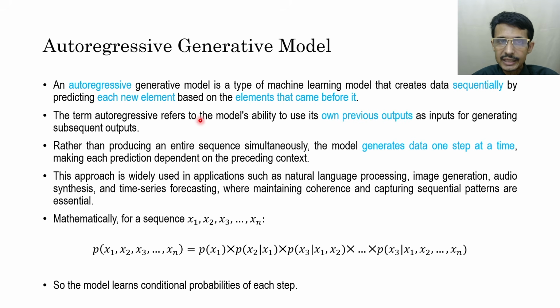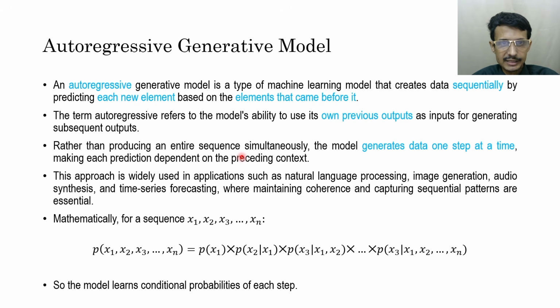The term autoregressive refers to the model's ability to use its own previous outputs as inputs for generating the subsequent ones. Rather than producing an entire sequence simultaneously, the model generates data one step at a time, making each prediction dependent on the preceding ones.